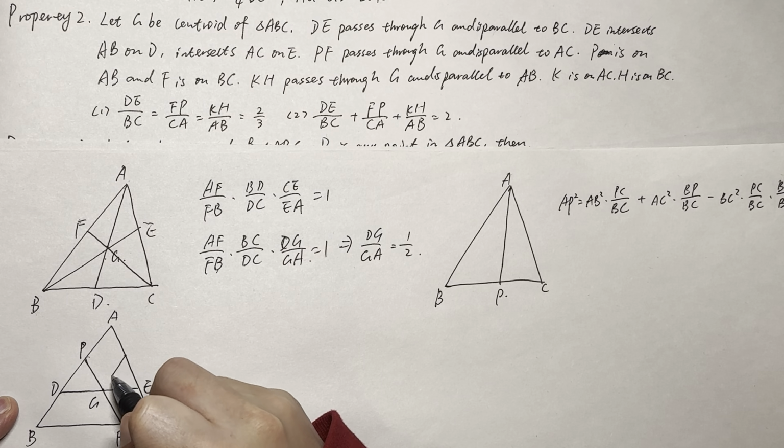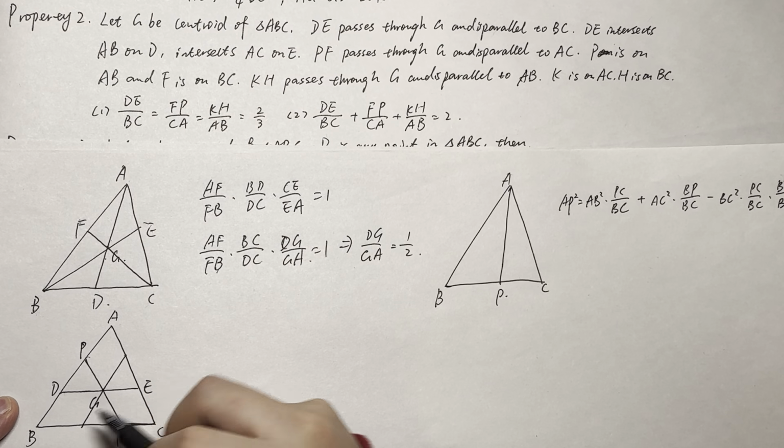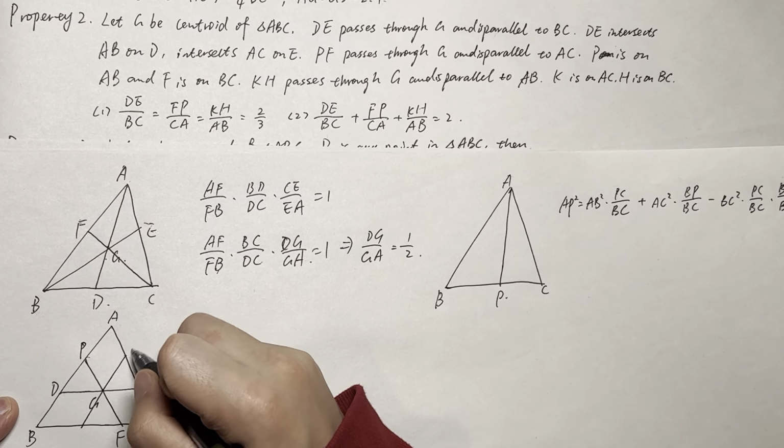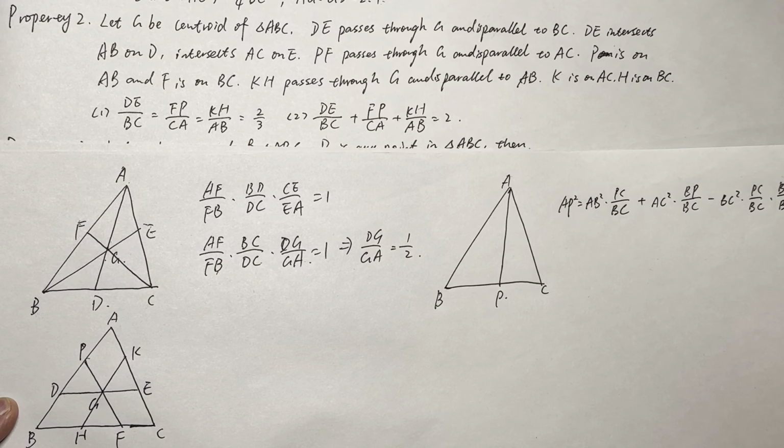KH is parallel to AB, and K is on AC, H is on BC.